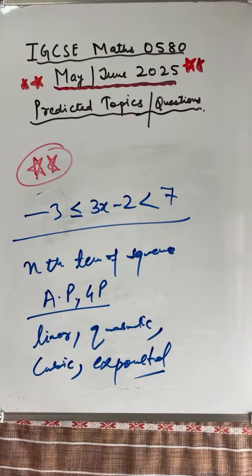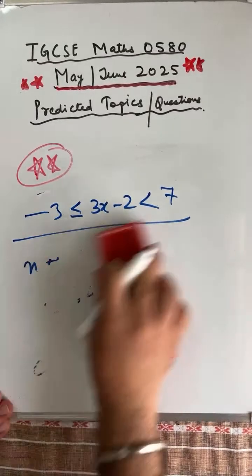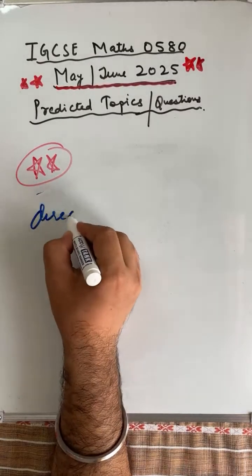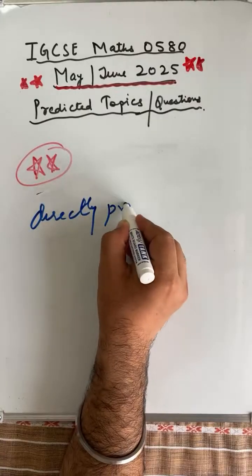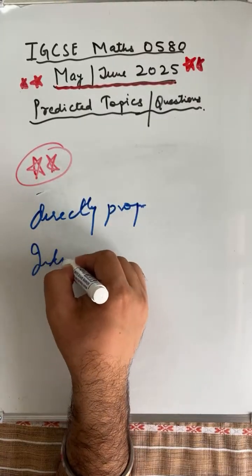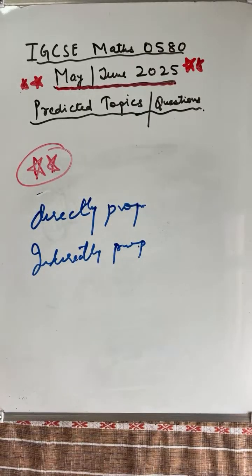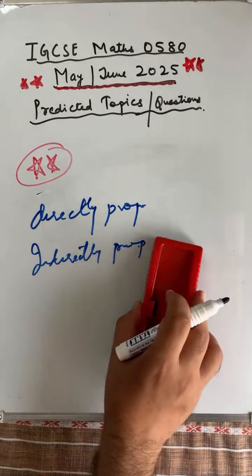Then variation is there, direct proportional or inverse proportional. Directly proportional question is there, inversely is there.